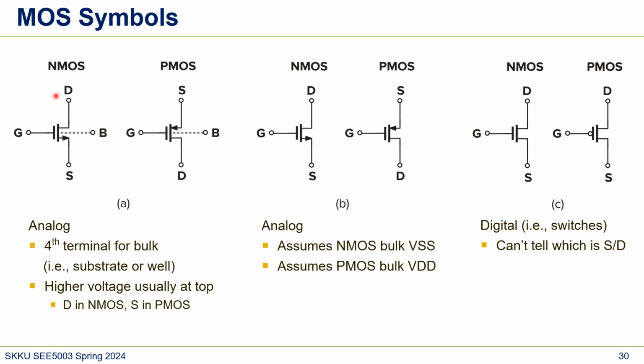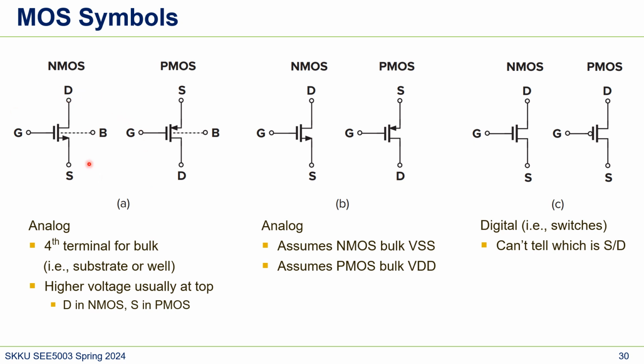And you see that in NMOS, the drain is on top, and in PMOS the source is on top. This is because when you draw a circuit, it's usually better to put the higher voltage node on top. It means that if you go from top to bottom, the voltage usually goes down.